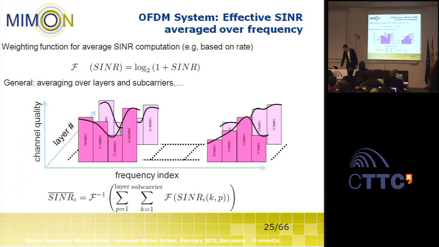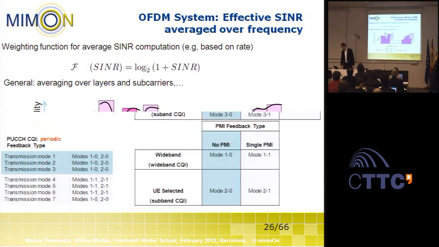So this is one way to compute an effective SNR, so an SNR corresponding to a larger bandwidth. There are, of course, other methods to compute the average SNR in a coded system that can be found in literature.